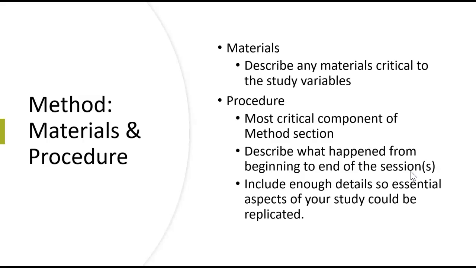For example, in your research reports, you need to give a citation and include in your references the original authors of the scales that were used in the data collection that you're describing in your paper. I also asked you to include a section called design. Your authors in your textbook don't describe that, but I include it because it is included in many journals.